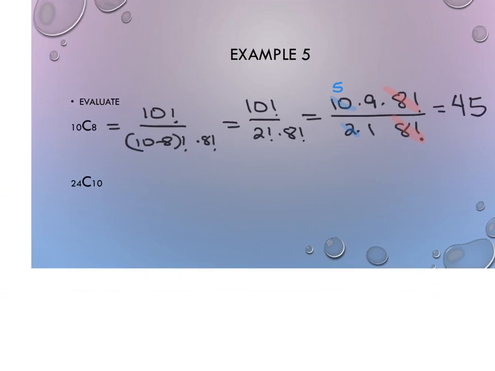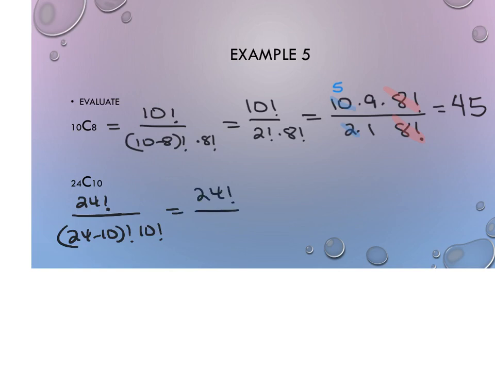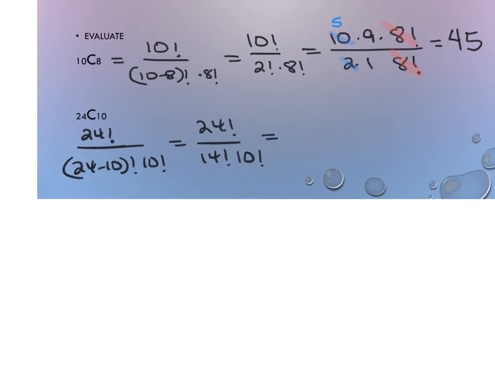Now the next one, this one's kind of large. 24 factorial over 24 minus 10 times 10 factorial, 24 factorial over 14 factorial and 10 factorial. I'll write it below here.